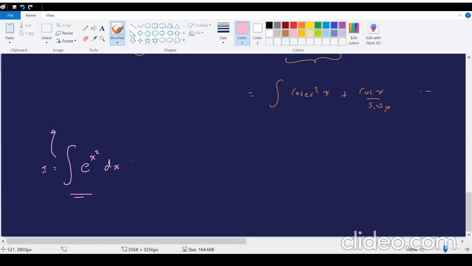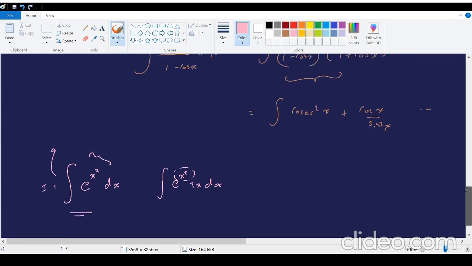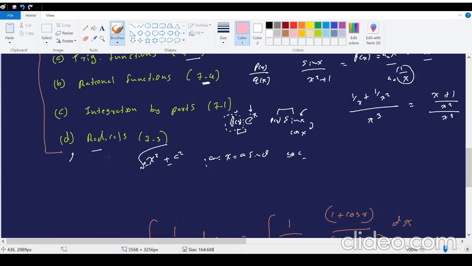Okay, but we can of course find the answer for this one, right, by a substitution for x squared. But no matter how hard we try to integrate this function, we will not be able to do it with the techniques that we have learned, right?